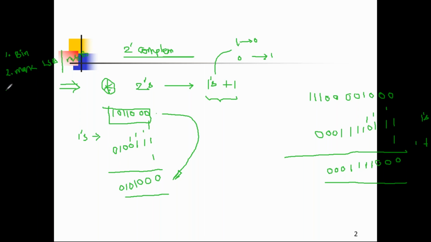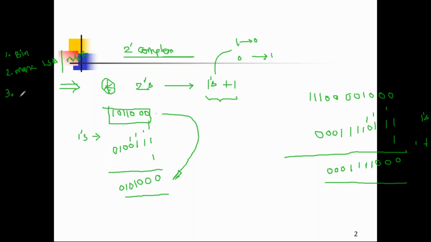Third step, please listen carefully and note it down in your notebook. There is no need of doing the one's complement and then adding 1 to its result. That step is not necessary here. Third one: find the first 1 that occurs from the LSB and copy as it is. I repeat once again.